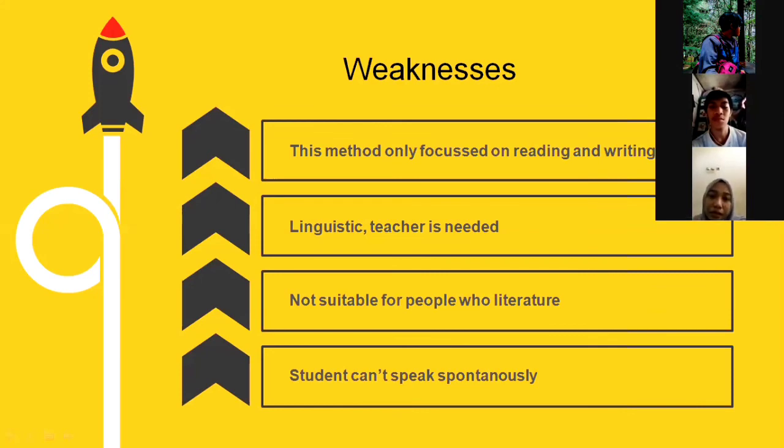And the second, a linguistic teacher is needed. The third, not suitable for people who study literature, and the last one, students cannot speak spontaneously. Because GTM is only teacher-centered, students are rarely free to express their ability to communicate spontaneously, so it is limited.